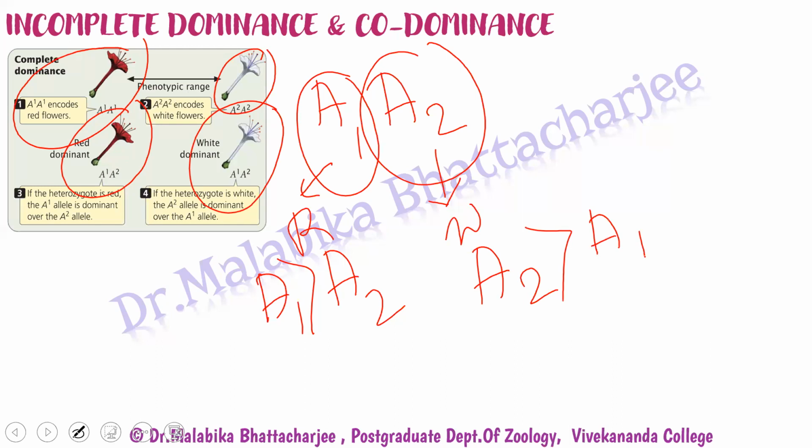So from this we clearly understood, in fact, in yesterday's cross also we came to this point, that the phenotype of the heterozygote actually tells us which is the dominant allele.